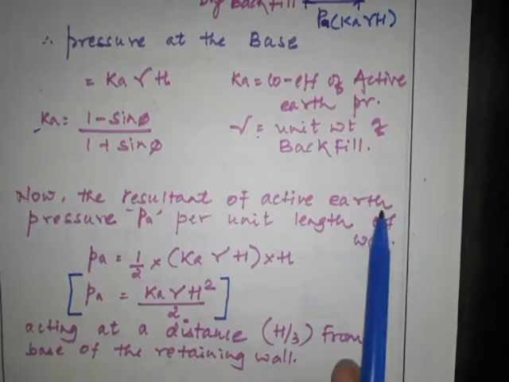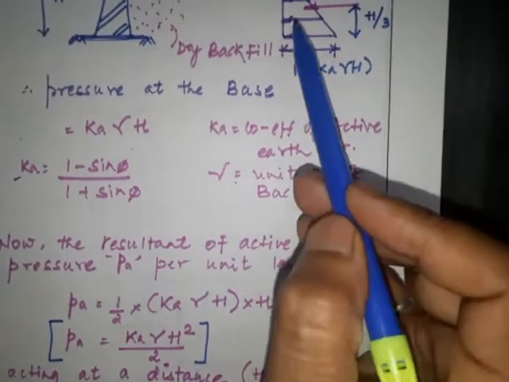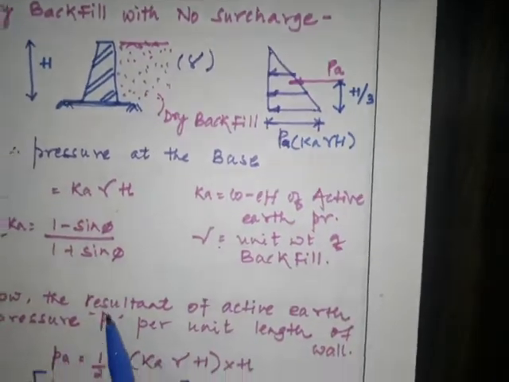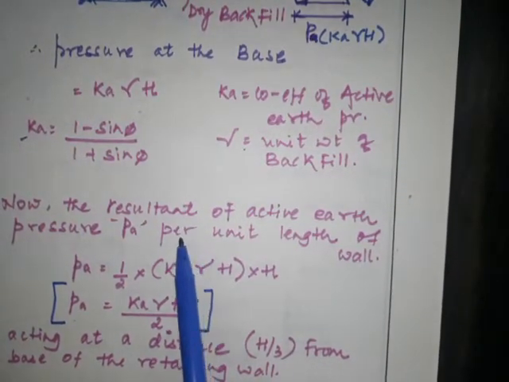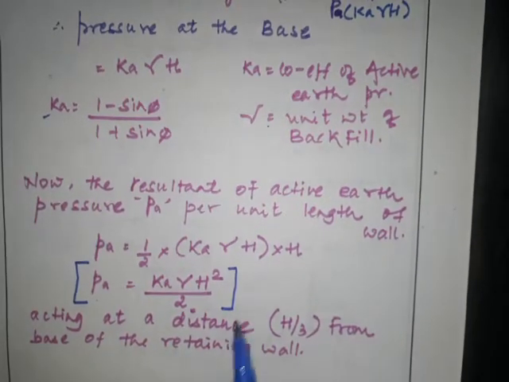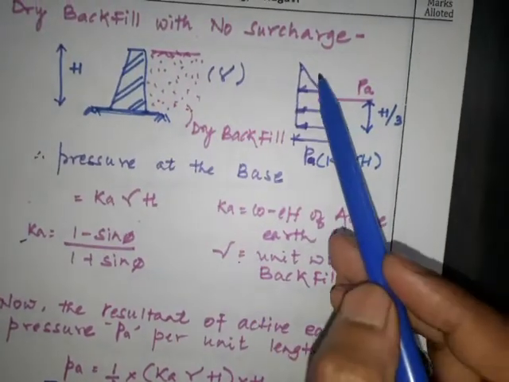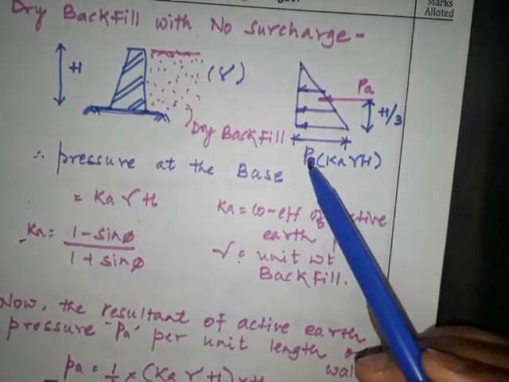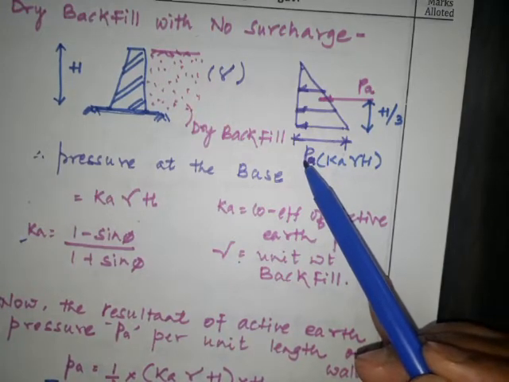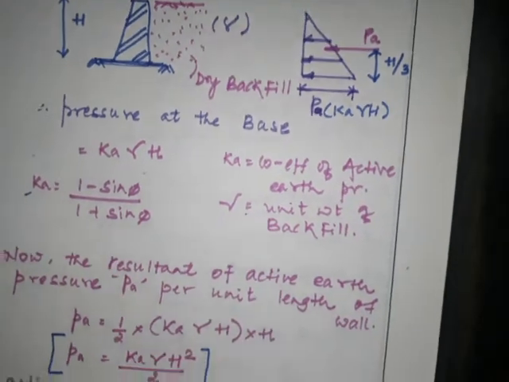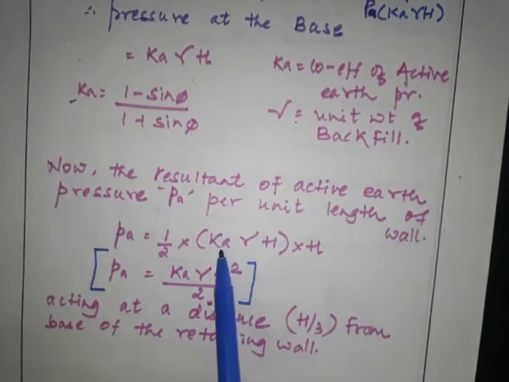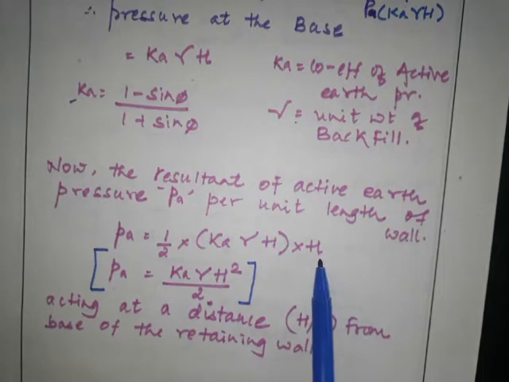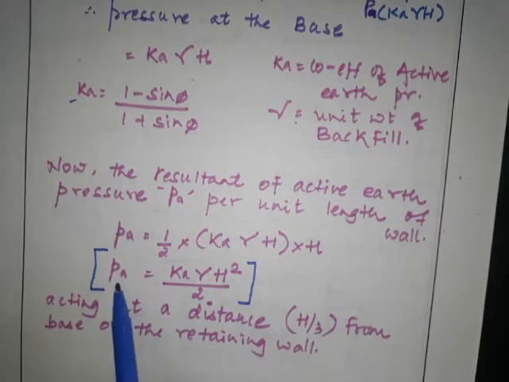The resultant of active earth pressure, Pa, per unit length of wall is half into base into height, because it is triangular in shape and we consider its area: half into Ka gamma h into h.